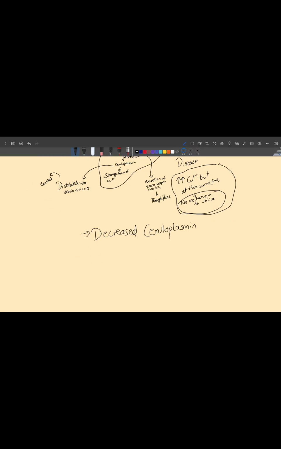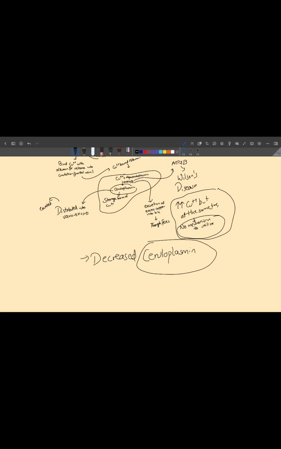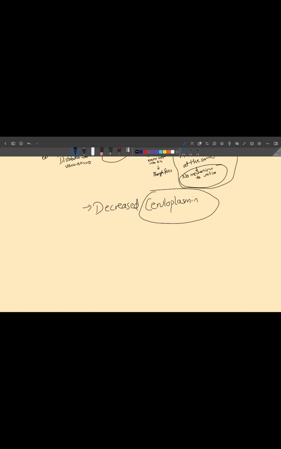Ceruloplasmin levels will start decreasing, and another reason is that ceruloplasmin is not being formed. Initially it was being formed and utilized, but now it's only being utilized and not formed. So decreased serum ceruloplasmin is one of the most common biochemical methods for diagnosis of Wilson's disease.